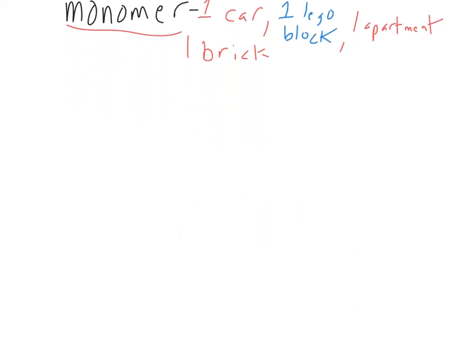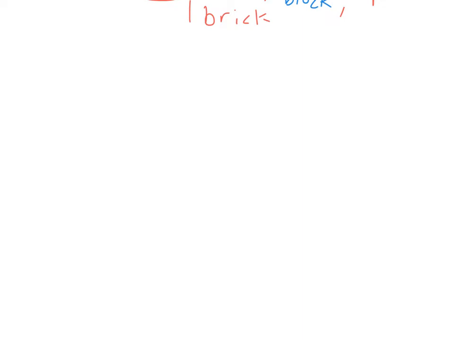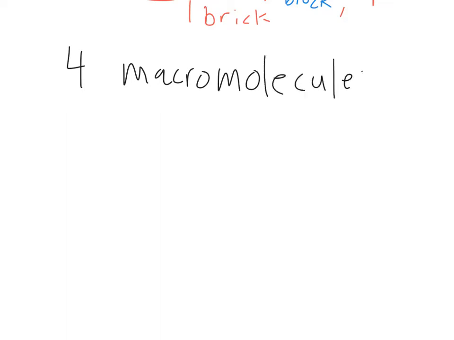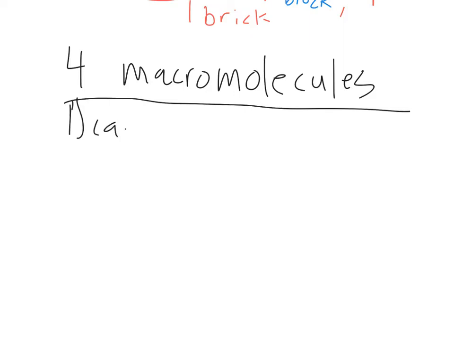So we've got 4 macromolecules that we're going to talk about. 4 categories of macromolecules. And we're only going to focus on one of them today. And the order that we give them to you in is very important. So the first one, carbohydrates.